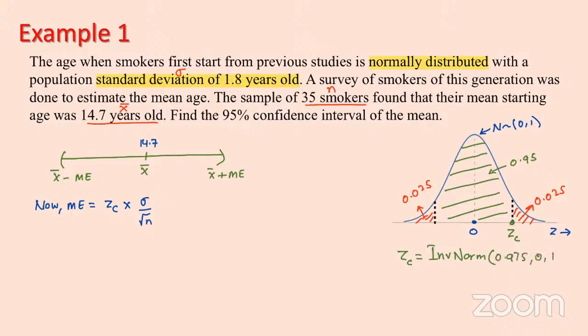Mean is 0, standard deviation is 1. So you can use your calculator now and tell me what is the value of Z critical here. 1.96. Okay, very good.